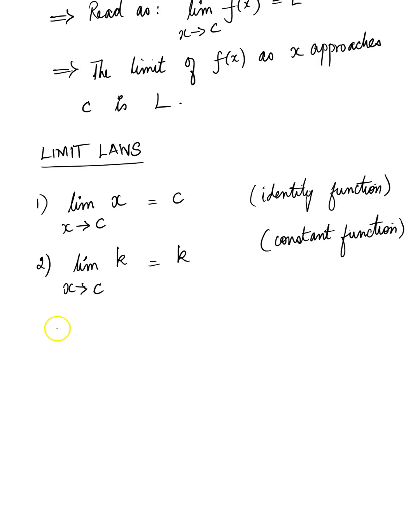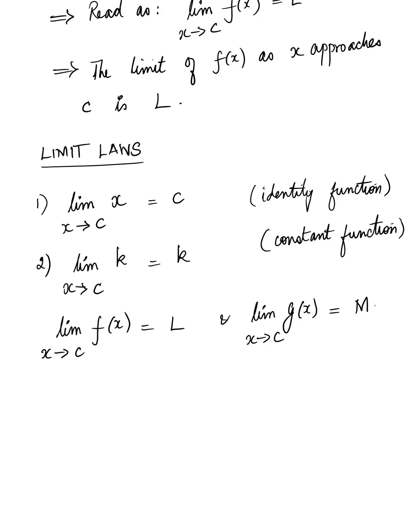Okay. Now I'm going to give you a list of formulas that will be based on this. So say we had some function f of x. We don't know what it is. We're not telling you it is identity or constant, it could be anything. Okay. As x approaches c, let's say the limit of f of x is equal to L. And let's say the limit of g of x, let's take another function, as x approaches c, let's say that is equal to M. So you have two functions, and it's the same point c that we're focused on.